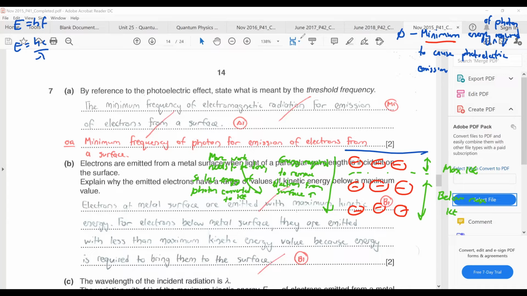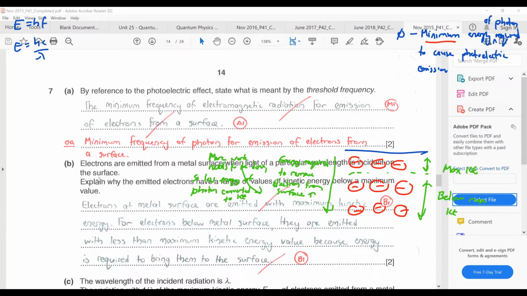That was basically what I explained to you, right? Only electrons at the metal surface would have max KE. But for electrons that are deep below the metal surface, they will be below your max KE. So the reasoning was, if you go deeper in, the energy required to remove the electron from the surface will increase because more work needs to be done here. So if more work needs to be done here, you have less energy of the photon that's converted to KE.